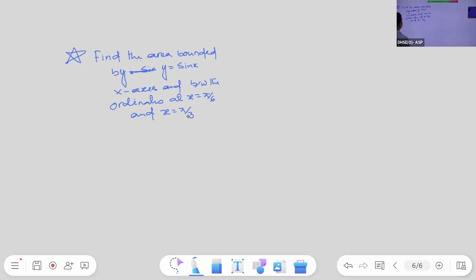Find the area bounded by y is equal to sin x, x-axis, and between the ordinates at x is equal to pi over 6 and pi over 3.